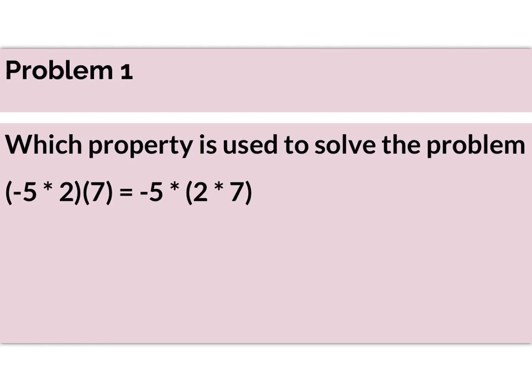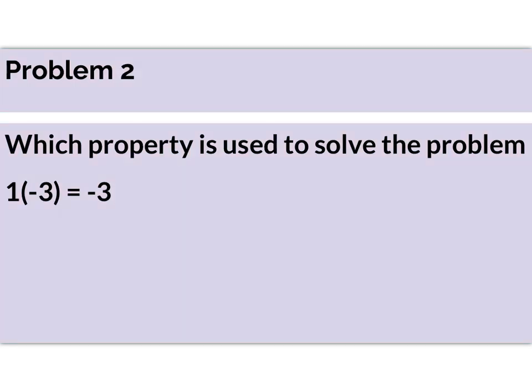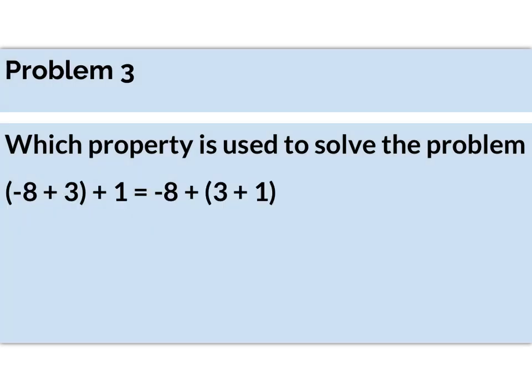Okay, which property is used to solve the problem? This is a grouping problem, so that's associative. You get the same number going in and the same number coming out, so this is an identity problem. 8, 3, 1. 8, 3, 1.